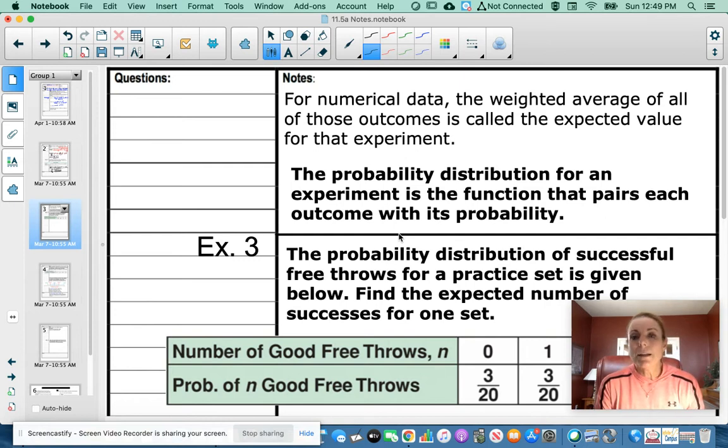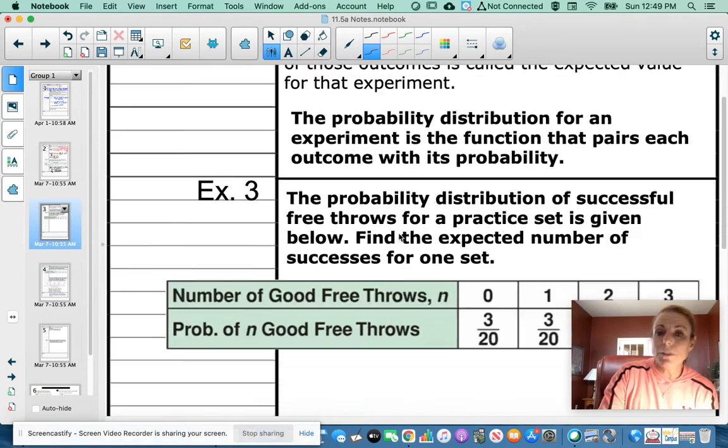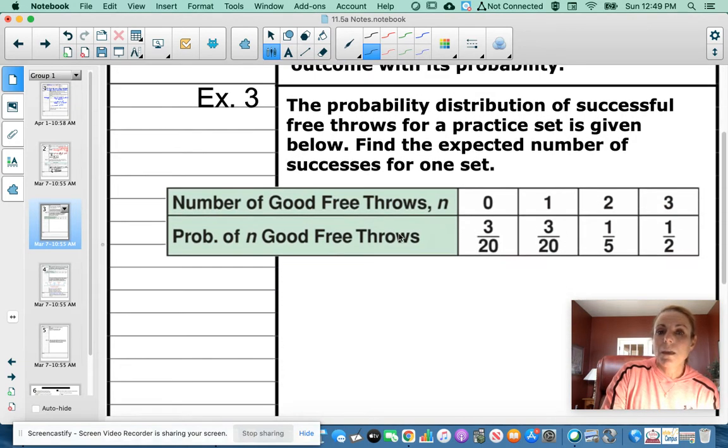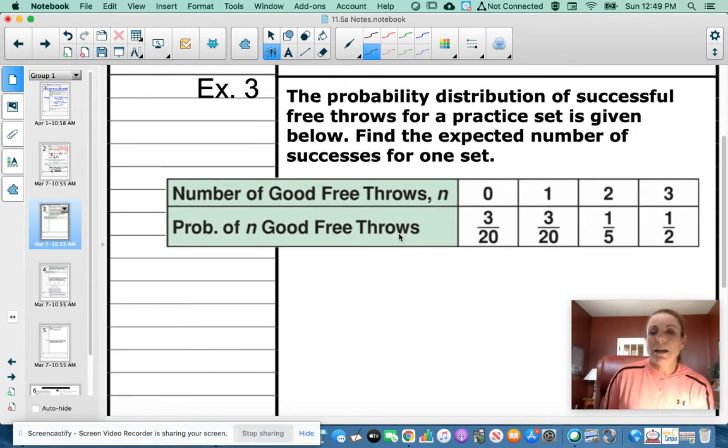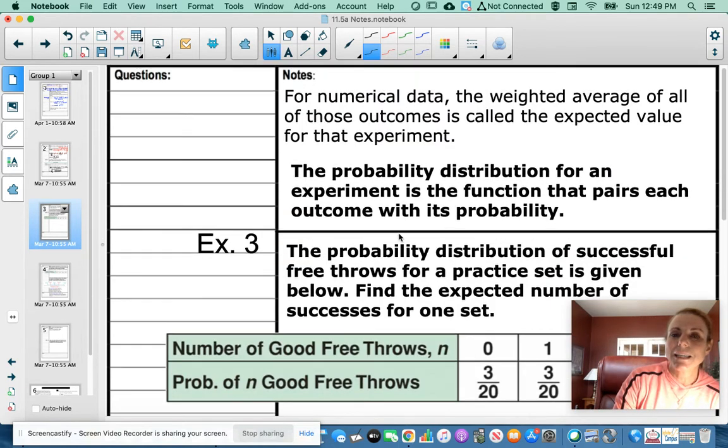For numerical data, the weighted average of all of those outcomes is called the expected value for that experiment. The probability distribution for an experiment is the function that pairs each outcome with its probability. So this is another kind now. The probability distribution of successful free throws for a practice set is given below. Find the expected number of successes for one set.